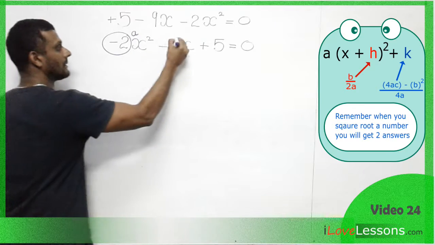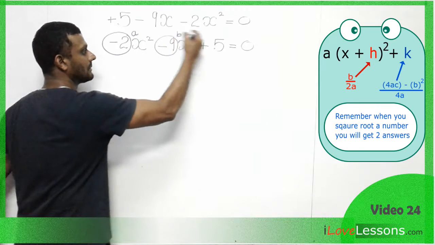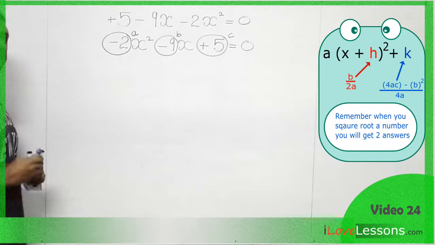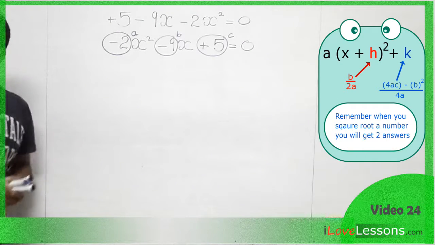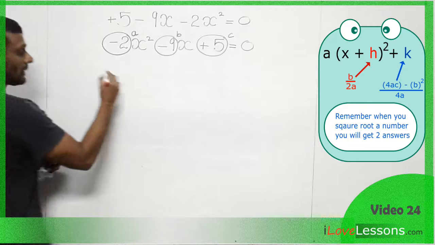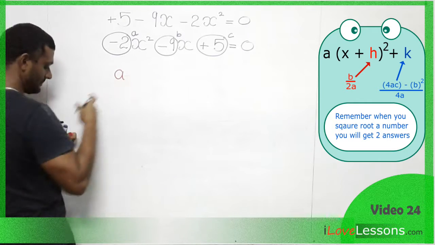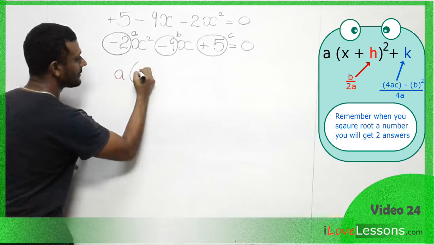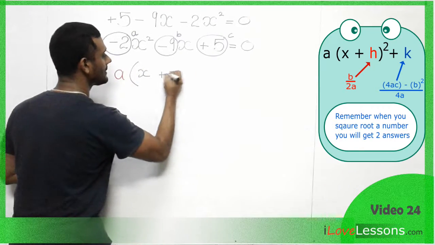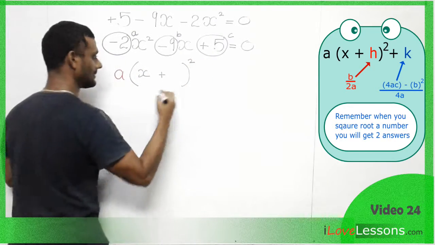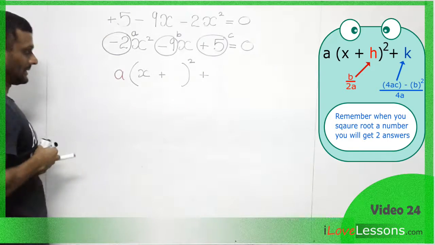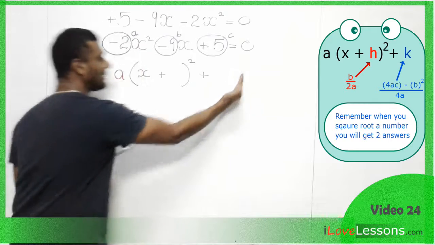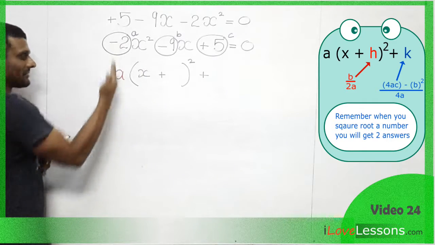A, B, and C. So let's express this in vertex form. Your job is to find A. We have X. Remember, we are supposed to find H and K. Well, we're supposed to find A, but A is very easy to find.